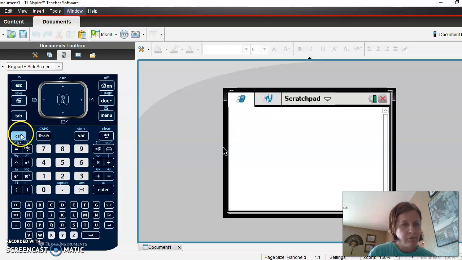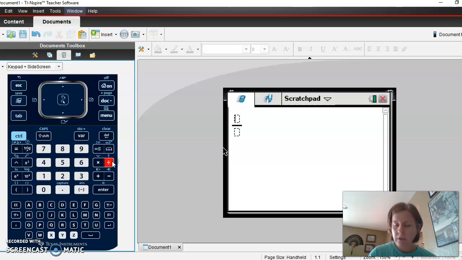So I'm going to make a fraction first. And then we've got -8. If I want to type this in all at once, we can totally do that. So that's what I'm going to do first.